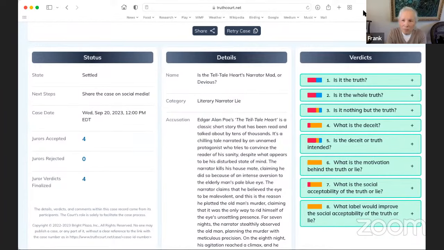In which case he murdered the guy as a madman, and the self-deceit he used to murder the guy turned on him, and the heart just kept beating louder and louder, and that was self-deceit too.